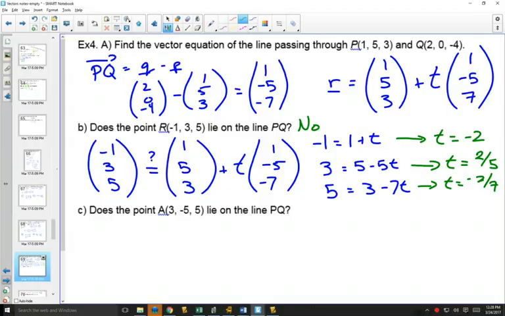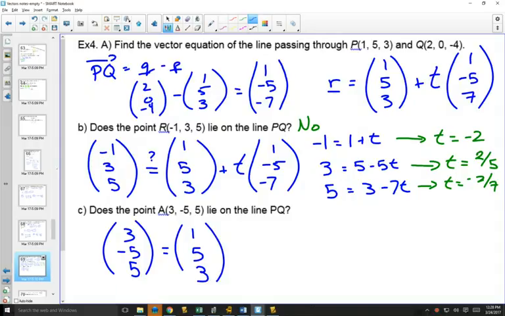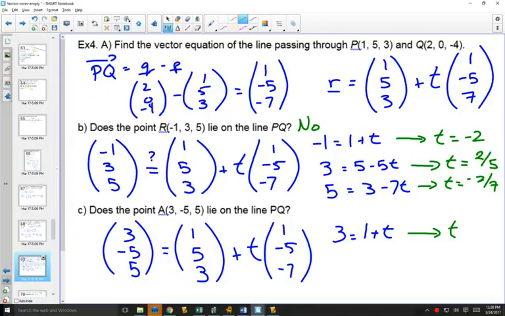How about the point (3, -5, 5)? What's your guess on this one? Yes or no? Just gut feeling. Okay, let's try it. So looking at our x, we'd have 3 is equal to 1 plus t, which would imply that t is equal to 2.